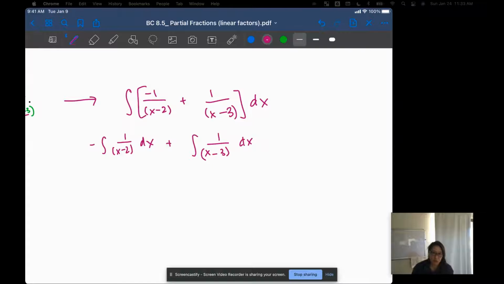Now these are pretty easy to take the integral of. The integral of the first would be 1 over u, so negative ln of the absolute value of x minus 2.